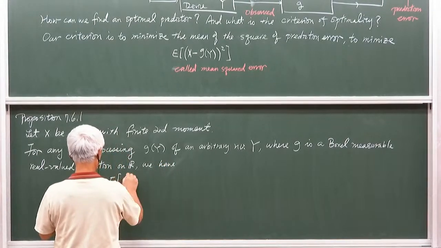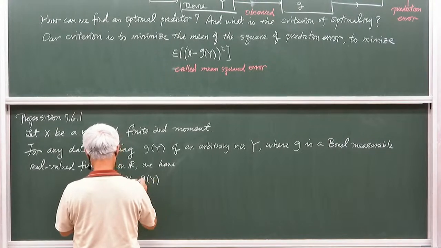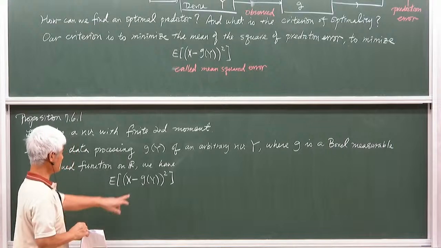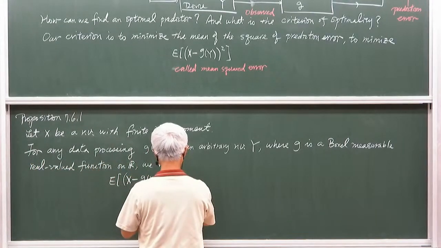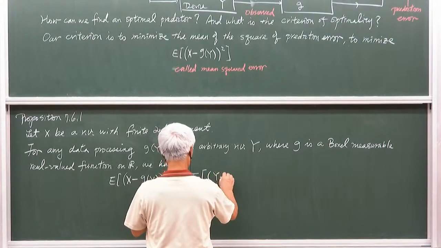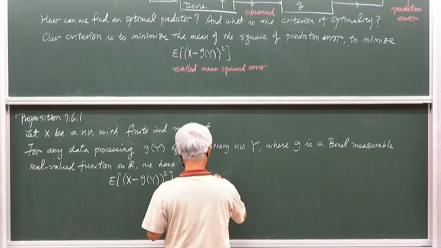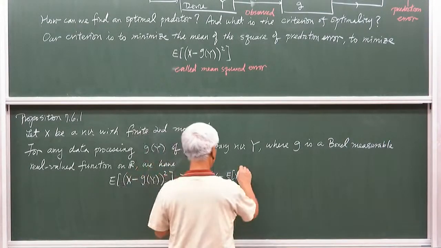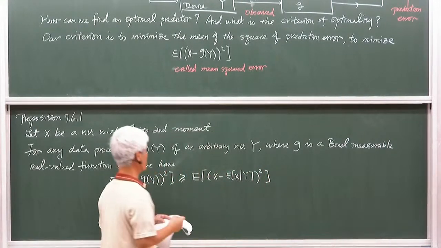the expectation of X minus G of Y, squared. This is the mean square error. It has a lower bound which is equal to the expectation of X minus the conditional expectation of X given Y, squared.